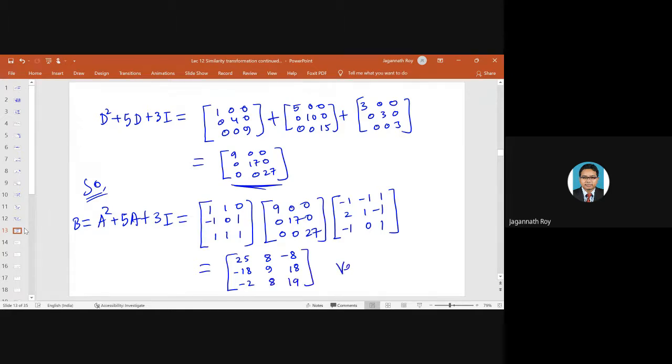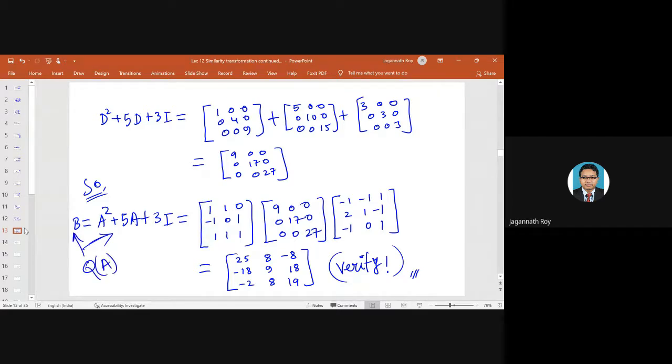I would tell you to verify these results, verify the calculations. That's how we use the similarity transformation to study the structure of a given matrix, whether it is diagonalizable. If it is diagonalizable, it will satisfy some beautiful properties, and then we can easily calculate the polynomial. So this is Q of A actually.